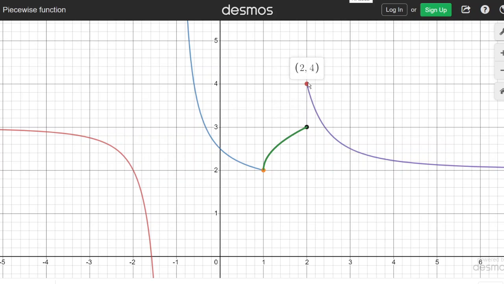The value of the function at 2 is 4. But it's okay. You see the meaning. As x gets closer and closer to 2 from the left, the values of the function get closer and closer to 3. I think you have seen it. Now just remember the limit has nothing to do with the value of the function at 2.